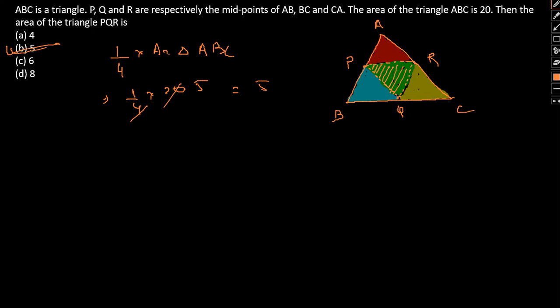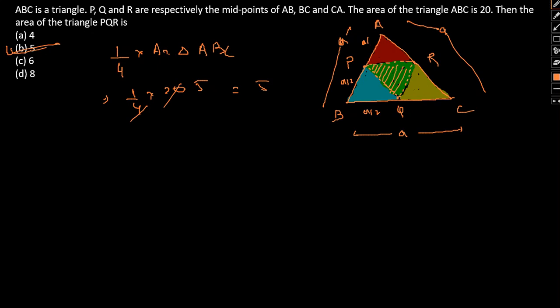It was a pretty clear-cut question, because all these triangles are similar to each other. They share a common base as well, and subsequently all the sides are clear as well. Suppose this center side is A, so this is also A, and this is also A, then this is A by 2, this is again A by 2, so the area will be 1 by 4th.